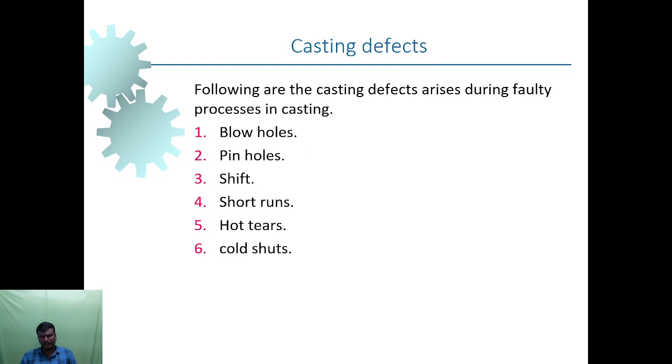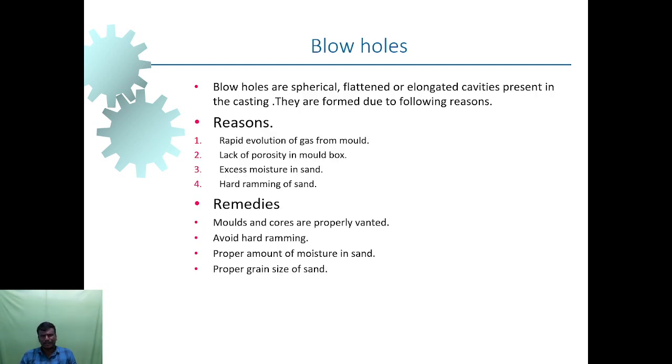In casting defects, the following are the casting defects that arise during the foundry process: blow holes, pin holes, shift, short runs, hot tears, and hot sets. Blow holes are spherical, flattened, or elongated cavities present in the casting.